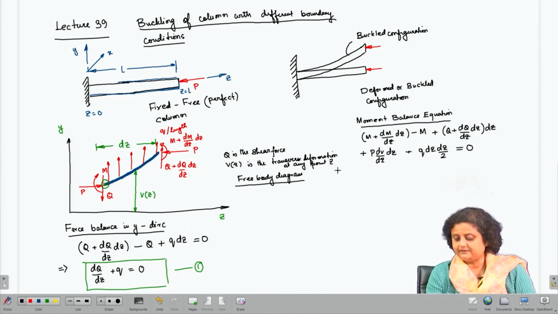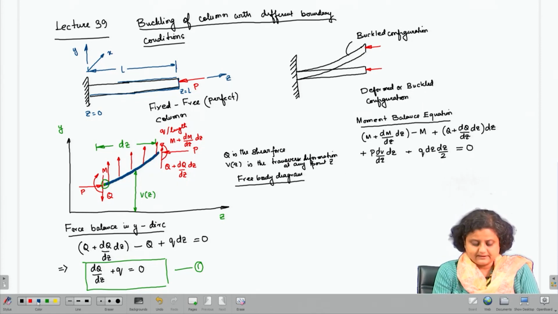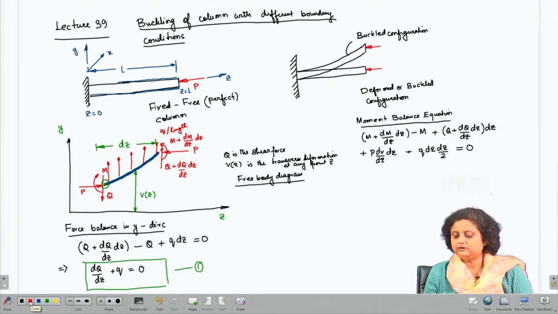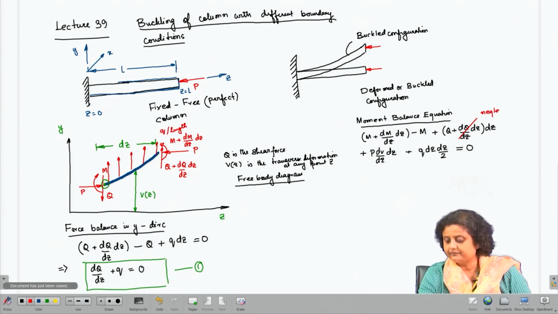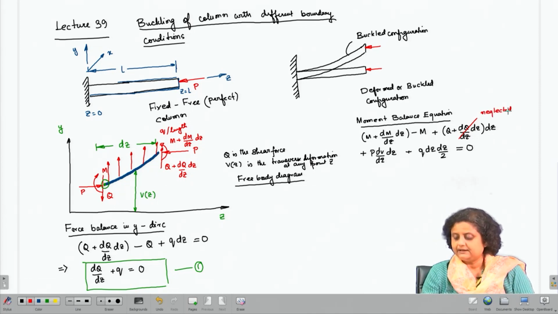Now, let us simplify this. We will see that all the terms associated with the square of dz can be neglected, because dz is a small parameter and the square of that is even smaller. So, we can neglect this because it will have a dz square, and this also has a dz square term, so this can also be neglected.